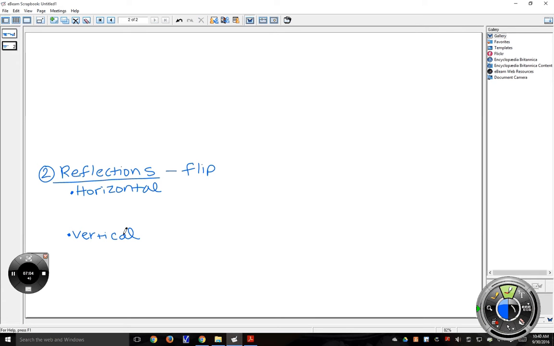Now, when I use the word horizontal and I'm talking about a reflection, that means it's changing from left to right or right to left. So which axis would you be flipping over? The y-axis. Good. So if it's referred to as horizontal, that's the same as saying over the y-axis, which is a more common way to state it.